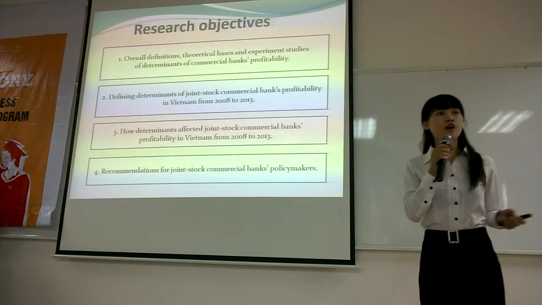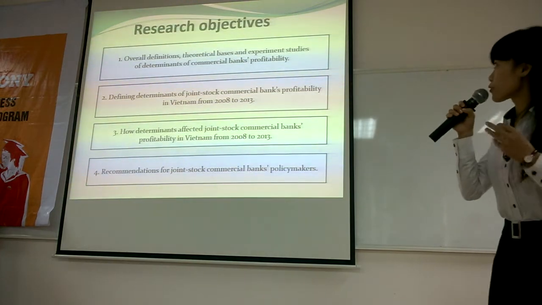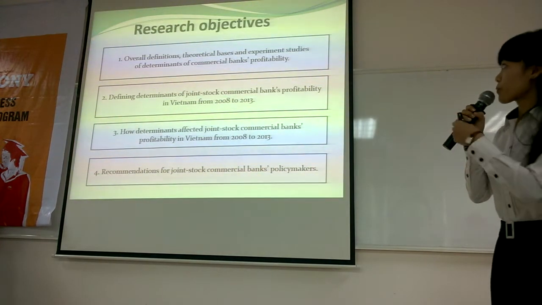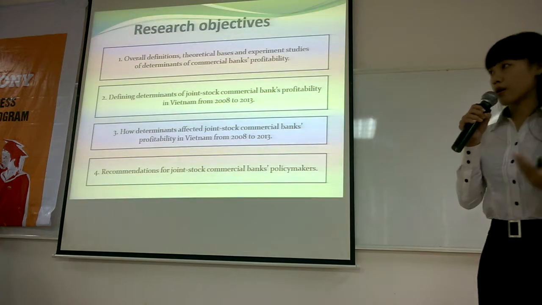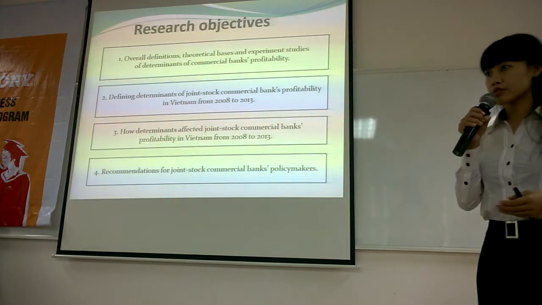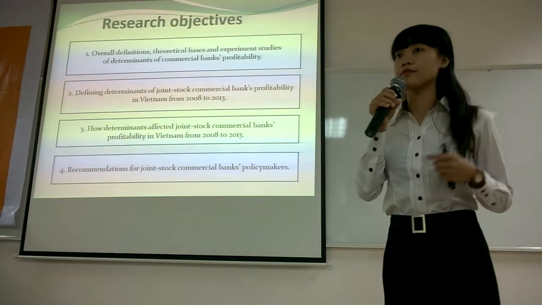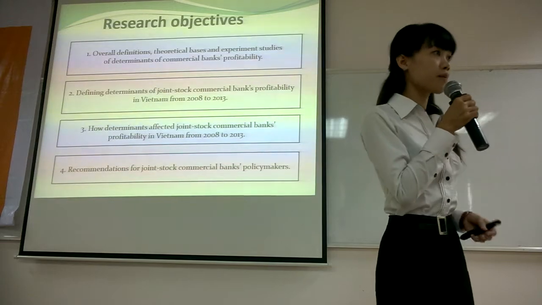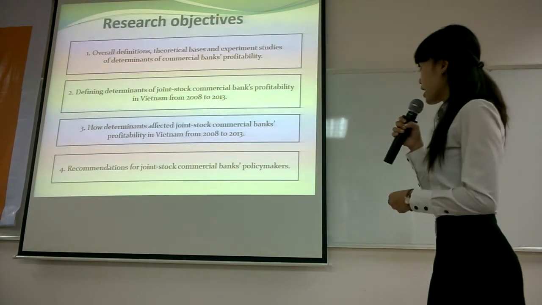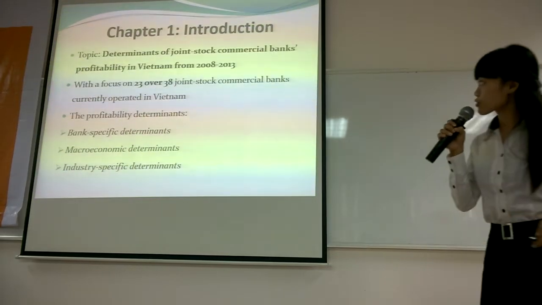So now let's move on to the important part of our group presentation today, the research objectives. So the objective of our group thesis is to find out the main drivers influencing the profitability of joint stock commercial banks in Vietnam over the period of 2008 through 2013. So let's look back to the previous slide.